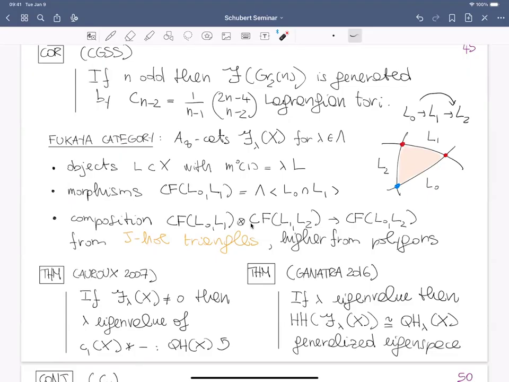Whereas these Fukaya categories afford a functorial nature. It's known that certain things called Lagrangian correspondences, which are analogs of morphisms for symplectic manifolds, induce functors between Fukaya categories. So that's a big reason why people endure the pain of studying these more complicated invariants instead of just studying quantum cohomology.